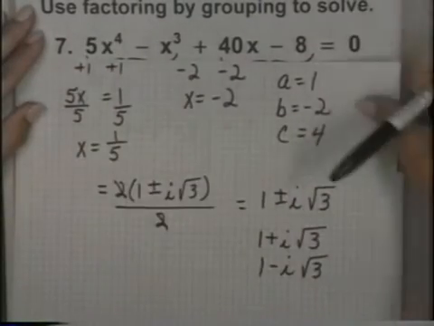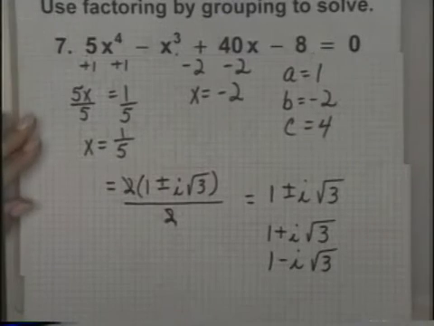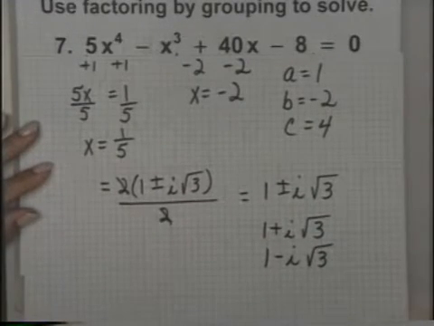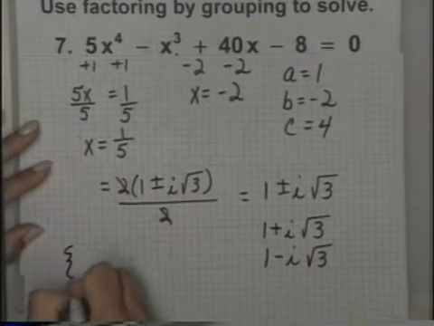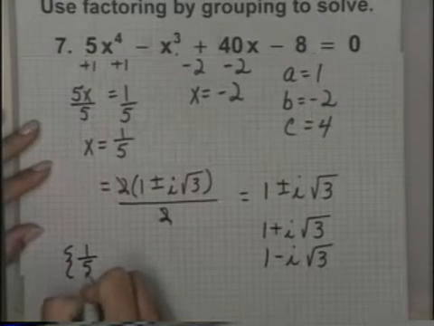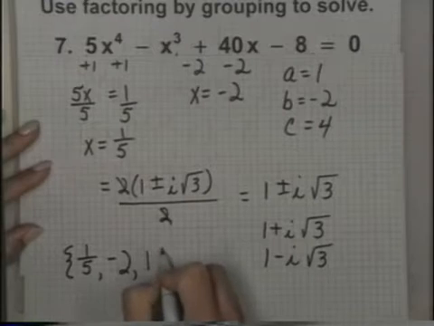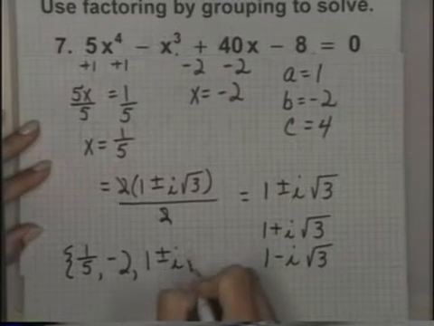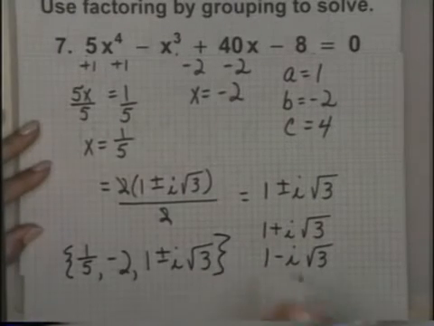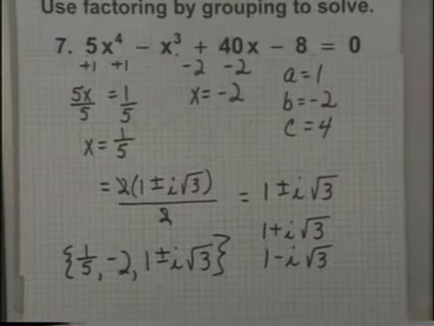So here is our original equation, and let's write all the solutions that we have found using solution set notation. 1/5, negative 2, and then let's write 1 plus or minus i times the square root of 3. I will leave the check of these solutions to you.